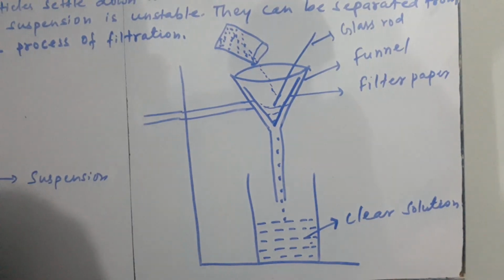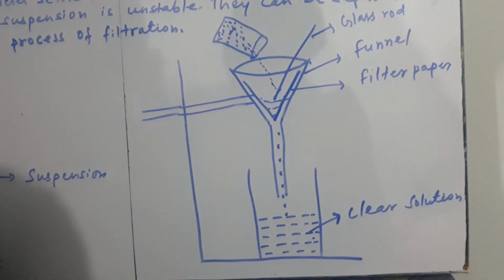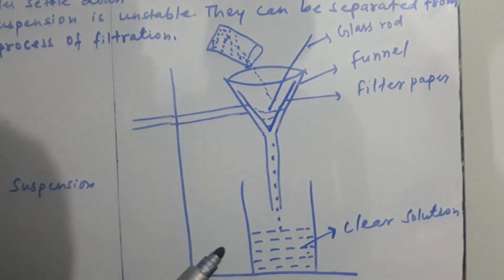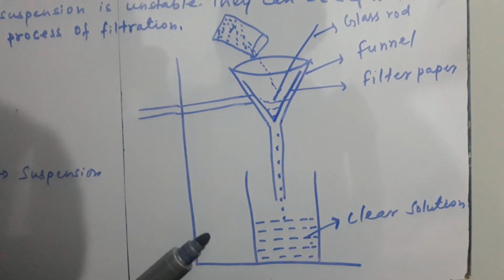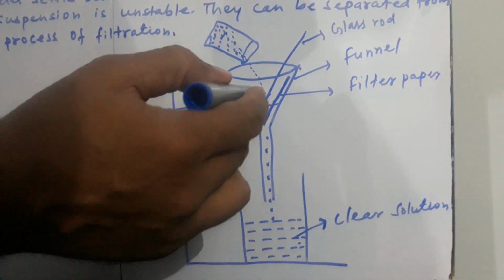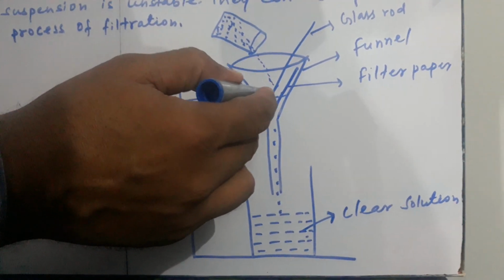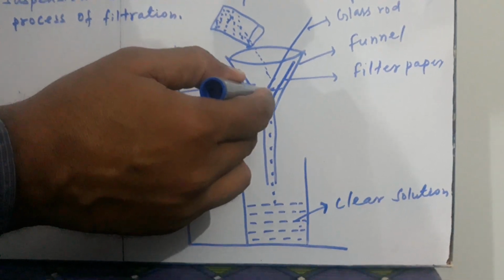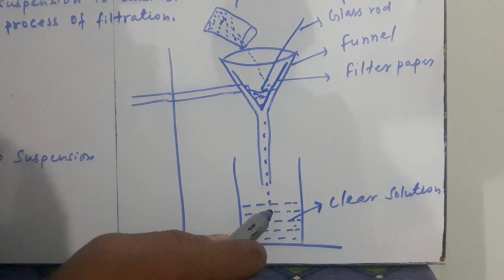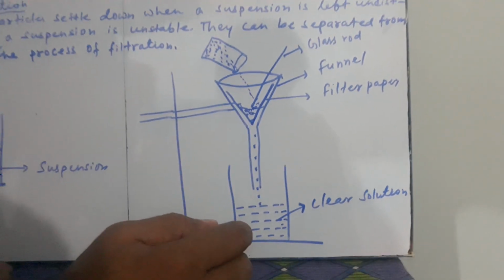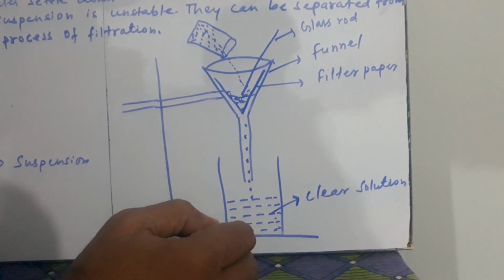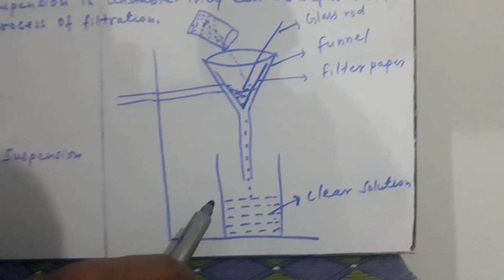Now, we'll take this suspension and pour it into the funnel with the help of a glass rod, and we'll see that after filtration, the suspended particles remain on the filter paper and the clear water is collected in the beaker.